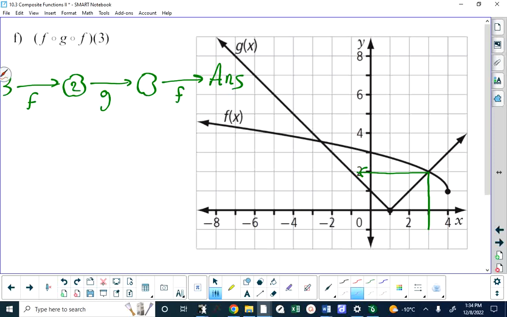When 2 goes in, what comes out of g is 1. When 1 goes into f, what comes out is that number, which is about 2.7. Now, if it were on an exam, it wouldn't be a numerical response question. It would be something like f of g of f of 3 is a number between which two integers? And the answer would be between 2 and 3.